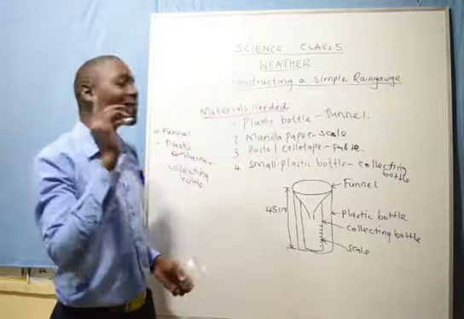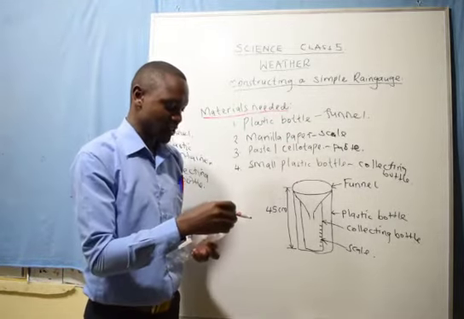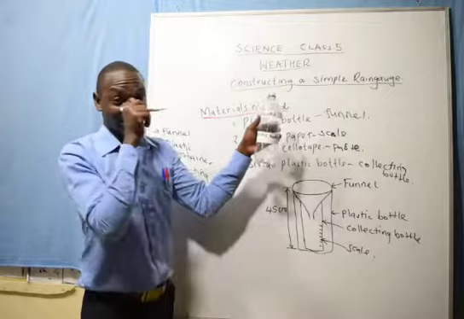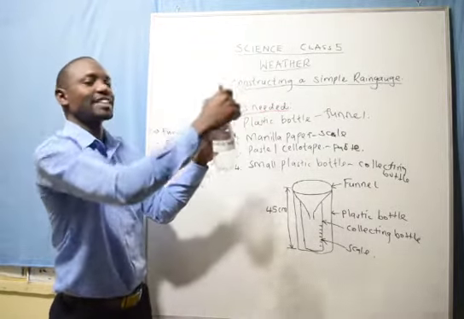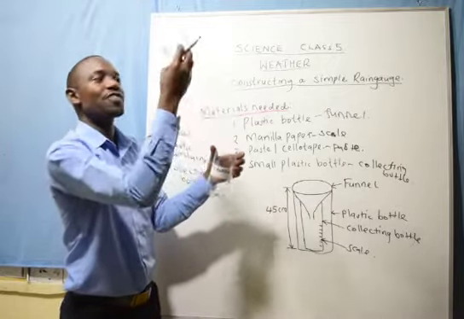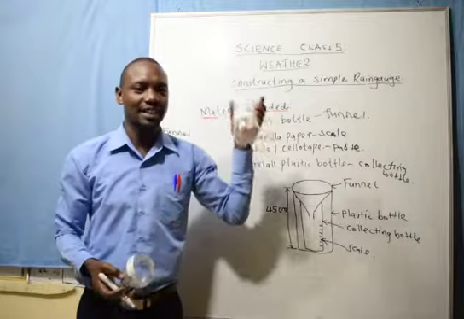So, the first step, you cut across the plastic bottle. Remember, it was initially a plastic bottle. You cut across in a smooth way so that you have the funnel and the plastic bottle. The remaining part will be our plastic bottle.